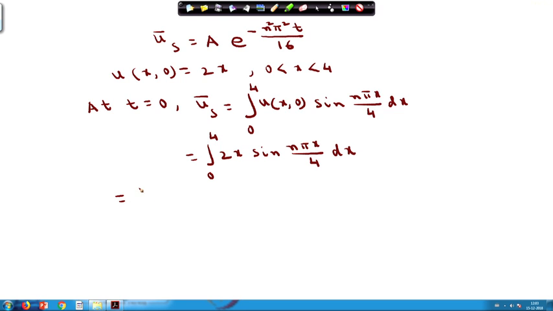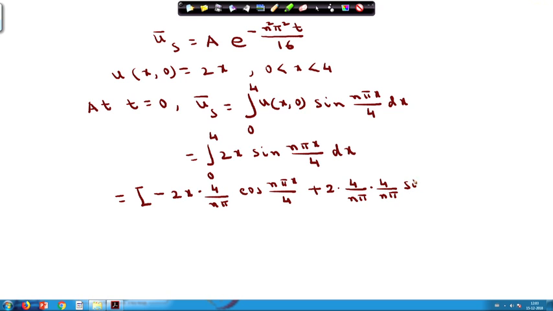If you evaluate the integral by parts, it equals minus 2x into 4/nπ, sin will be cos, so cos(nπx/4), and the other term will be 2 into 4/nπ into 4/nπ into sin(nπx/4).